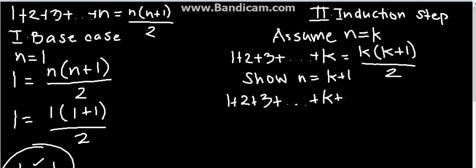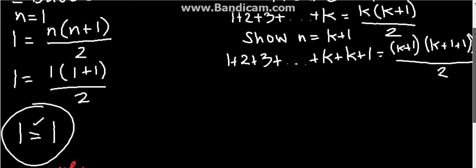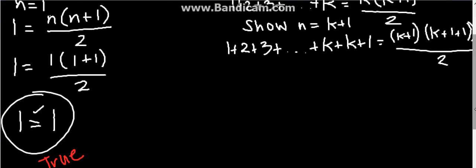Plus k plus 1 is equal to k plus 1, since n is now equal to k plus 1, times quantity k plus 1 plus 1. So you can actually add a parenthesis, but it doesn't matter since we're just going to be adding like terms later on.